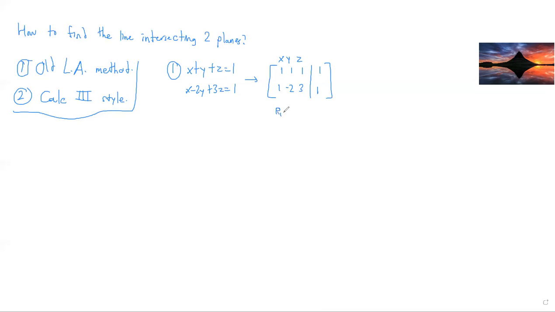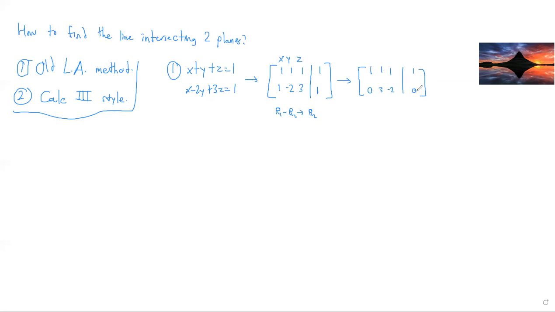So R1 minus R2 goes to R2. Nothing happens at the top: 1, 1, 1, 1. And down here it's 0, 3, negative 2, and 0. Is that right? Yep, that's right.